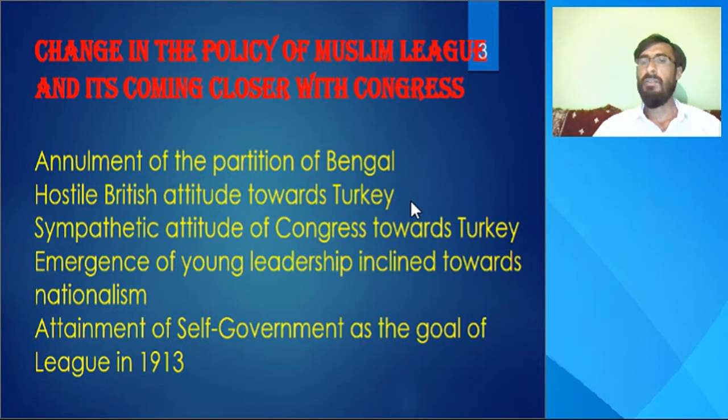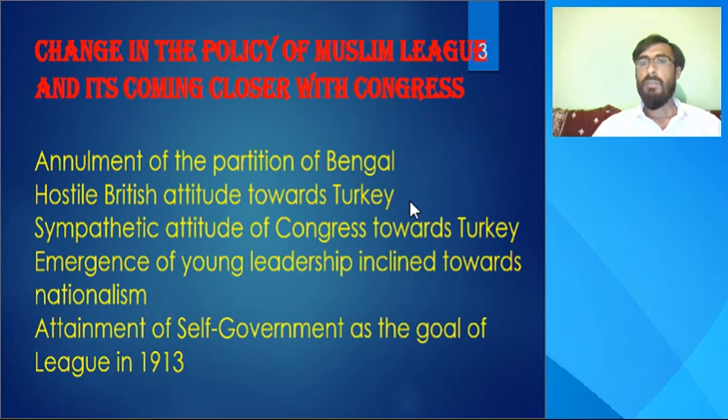In 1911-1912, the British supported the enemies of Turkey in the Turco-Italian War in 1911 and Balkan Wars in 1911-1912. The Sultan of Turkey was regarded as religious and political head, known as Khalifa by the Muslims all over the world.